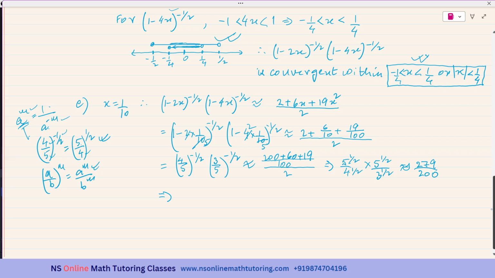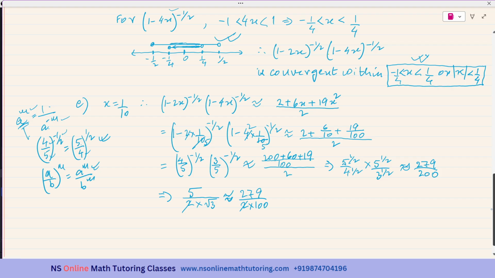Root 5 times root 5 is 5. And 4 to the power of half is 2. And since they have asked for root 3, I am writing 3 to the power of half as root 3, and this is 279 over 2 times 100. And I can multiply both the sides by 2.